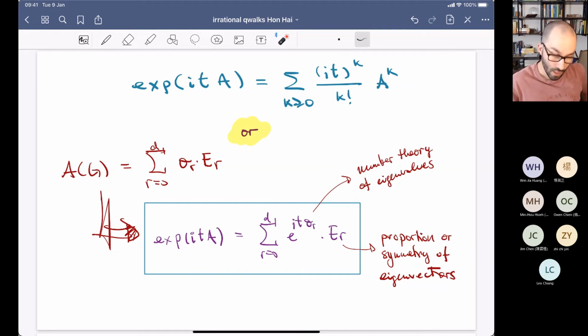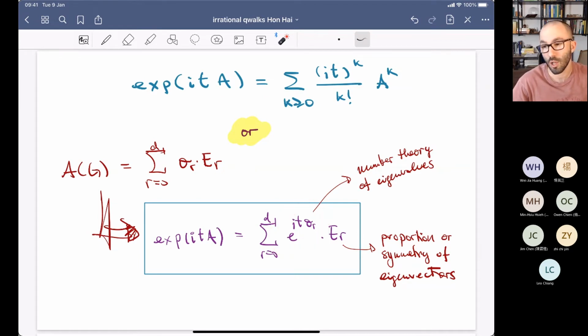Now, the nice thing about this equation is that it says that the quantum walk of a graph is completely determined by what happens when you raise a bunch of i t times eigenvalues, and this is a sort of number theory, because if your eigenvalues are all, let's say, integers, whenever t is a multiple of pi, this is going to be plus and minus 1 for all of them.